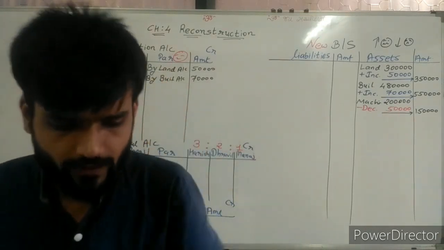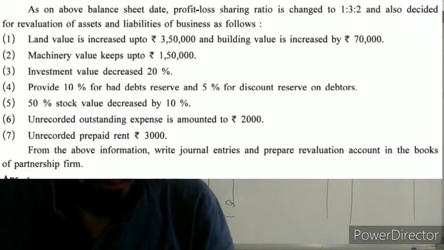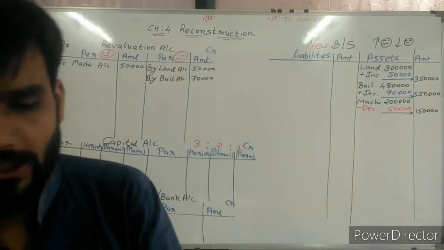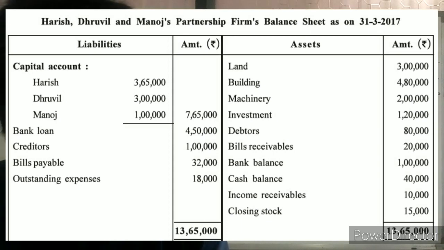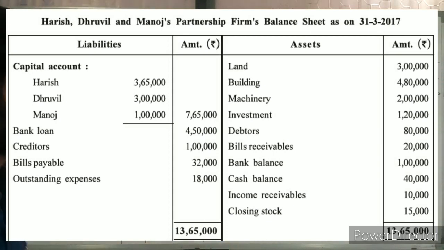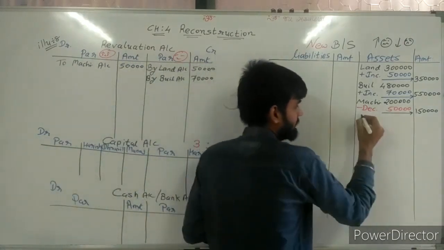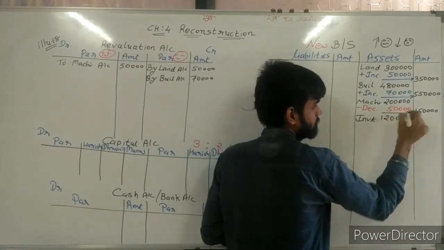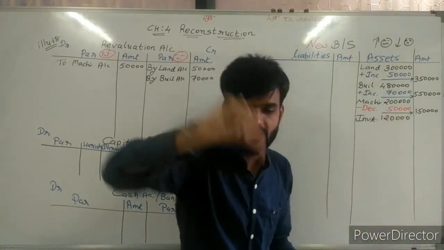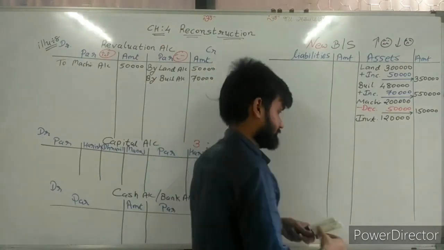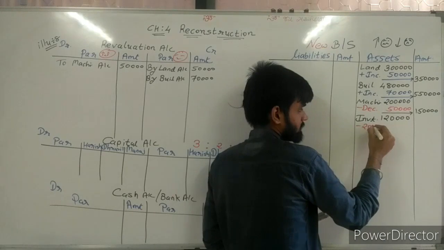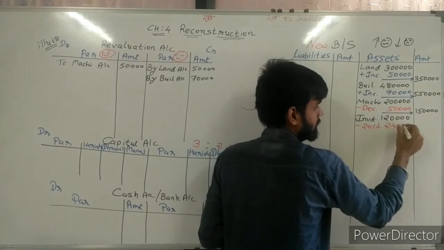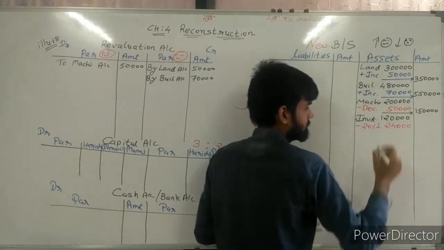Now talking about the third adjustment. Investment value decrease 20%. So we need to decrease investment value by 20%. Investment is 1,20,000 given. So first of all, I am writing investment 1,20,000, and decrease in investment 20%, so 24,000 rupees decrease in investment.